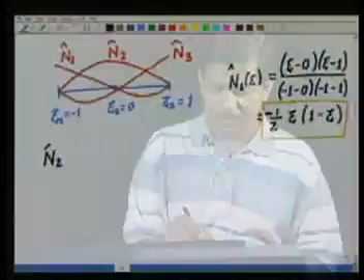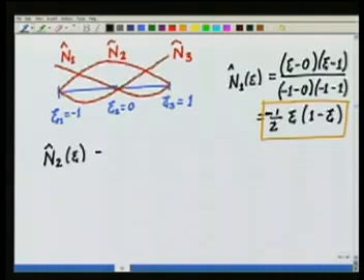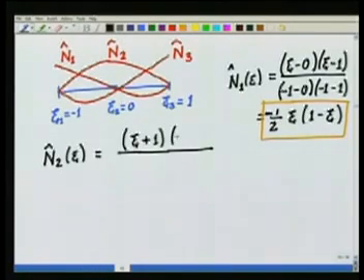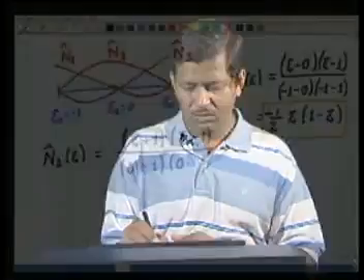Similarly, I can define N2 hat. This has to vanish at the points psi 1 and psi 3, so it's psi minus of minus 1, so psi plus 1, into psi minus 1, and it has to have the value 1 at the point psi 2, so 0 minus of minus 1 is 0 plus 1, 0 minus 1.